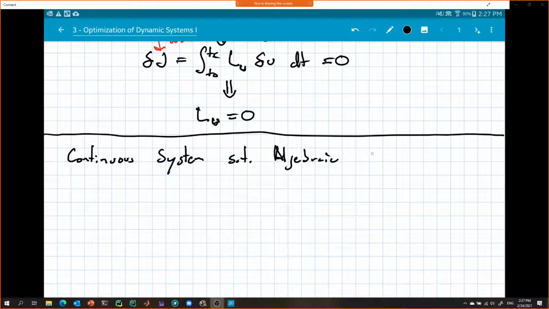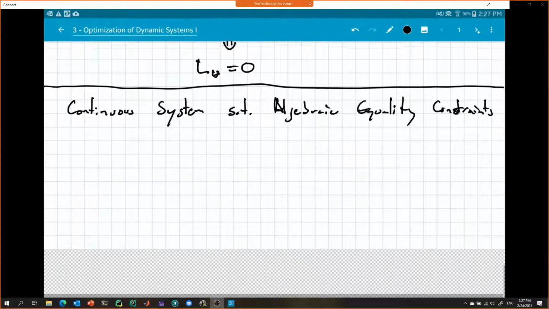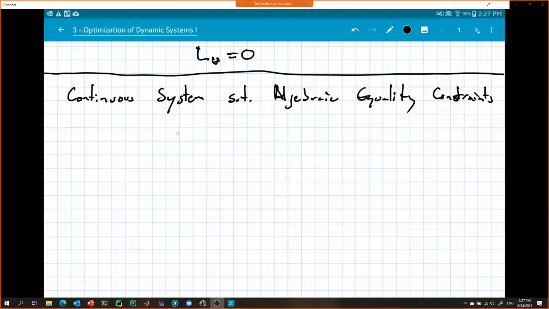So we're going to solve continuous systems with algebraic equality constraints. So we're not yet to optimal control. But this actually mimics what we did in the parameter optimization. So we minimize J, and the same things apply here as before.